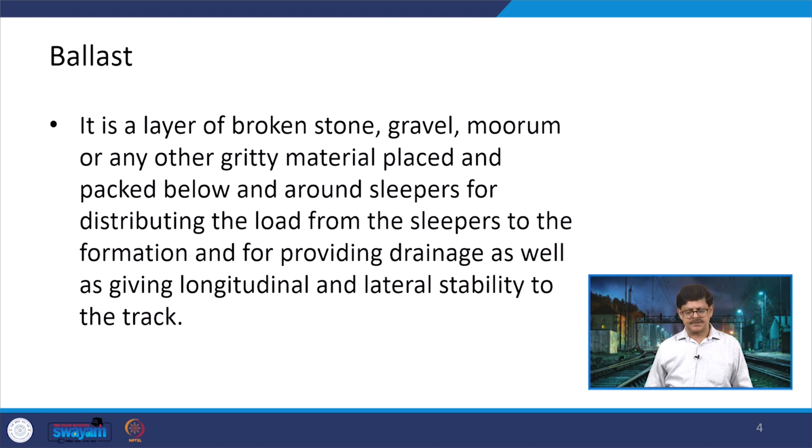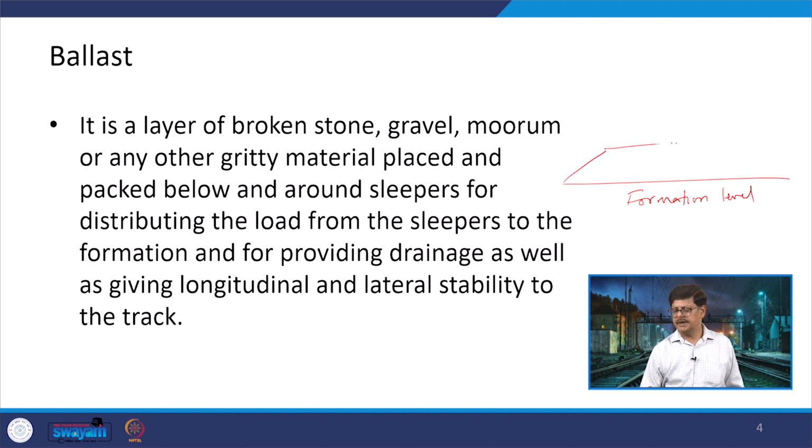Now, what is ballast? As we have seen in the case of various tracks, we have a formation level, and at the top of that formation level, we are going to provide a sort of an embankment which is basically a ballast cushion. And on this ballast cushion, we are providing the sleeper.